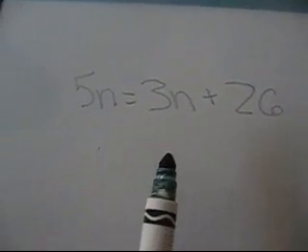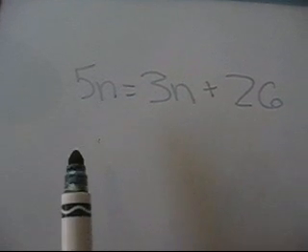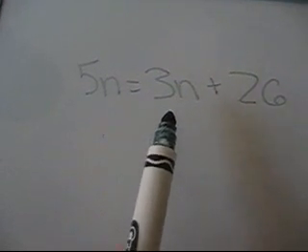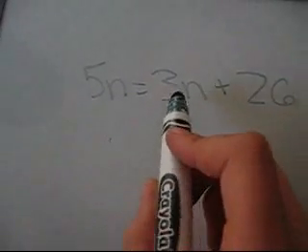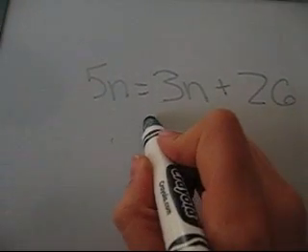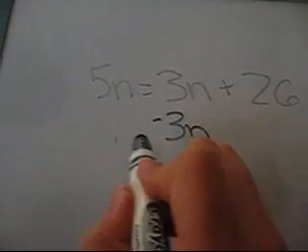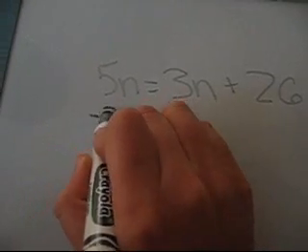Now let's do equations with variables on both sides. Sounds good to me. So, in these types of problems, since they're on different sides of the equal sign, you can't combine them. So one of them has to cancel out. Since this is positive 3n, we're going to do minus 3n.